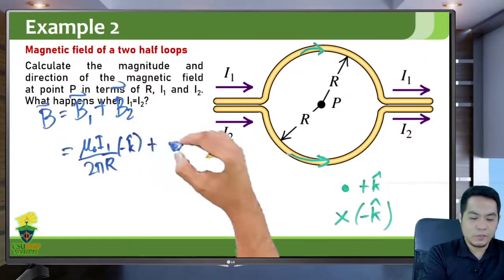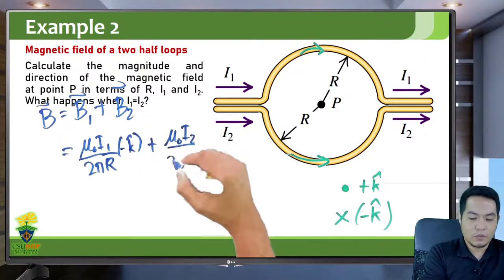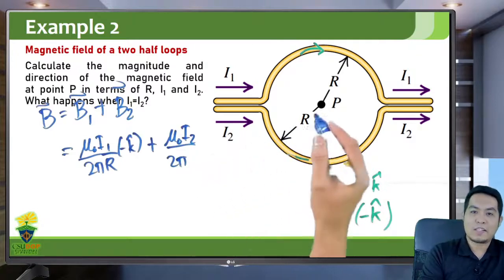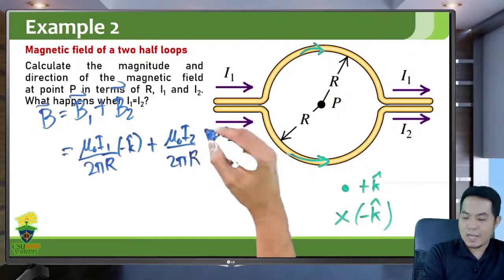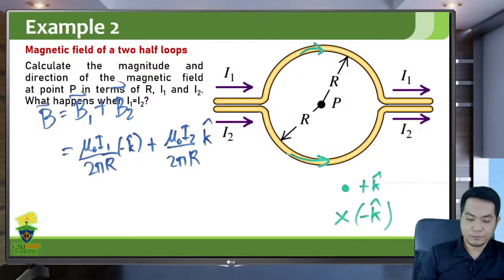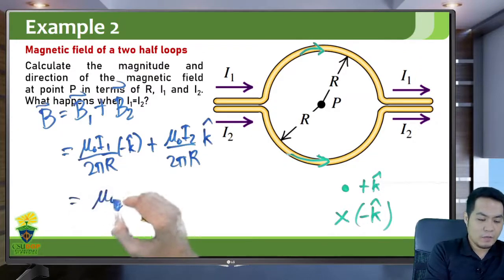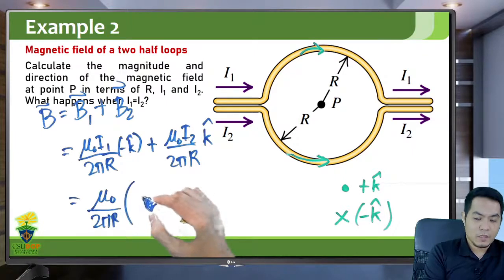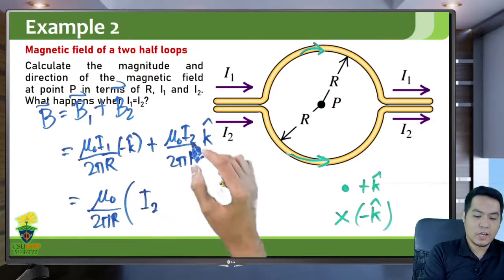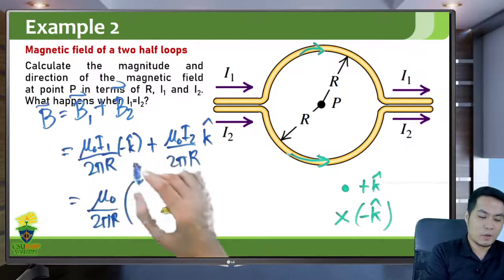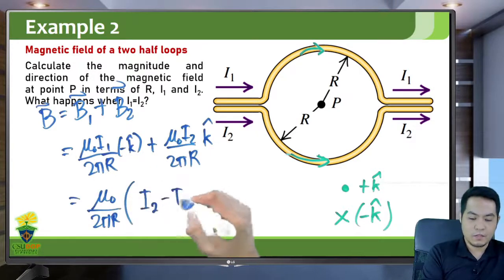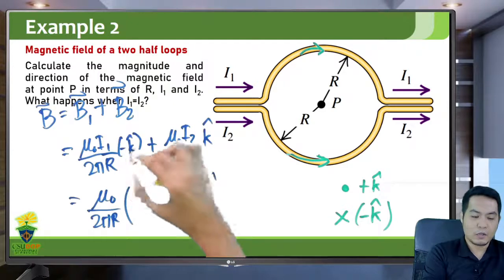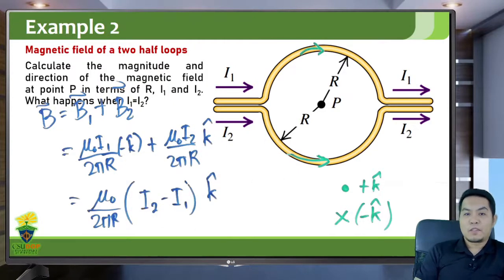For wire number 2, μ0 I2 over 2πa, where a is still R, and the direction is k hat. So simplify: μ0 over 2πR times I2 first, positive. The negative sign I will incorporate into I1, so minus I1. Then I will take out the k hat: I2 minus I1 k hat. So this is now the answer to our problem.